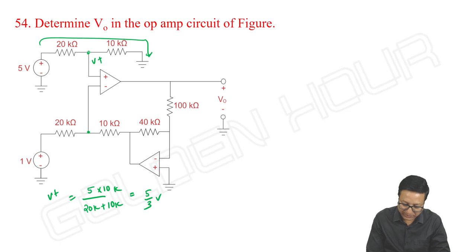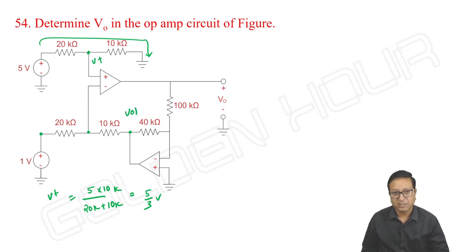Once you know the voltage at the non-inverting terminal and the voltage here is 1, we can directly write this voltage VO1. Or you apply virtual short here and take the node equation to find VO1.